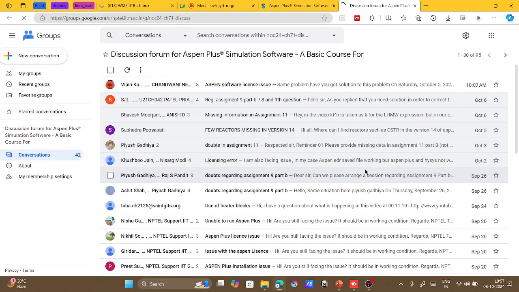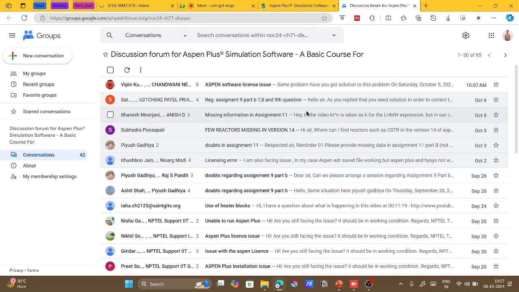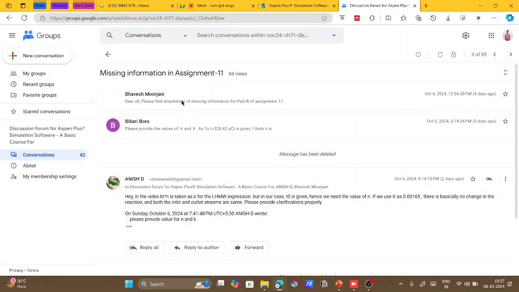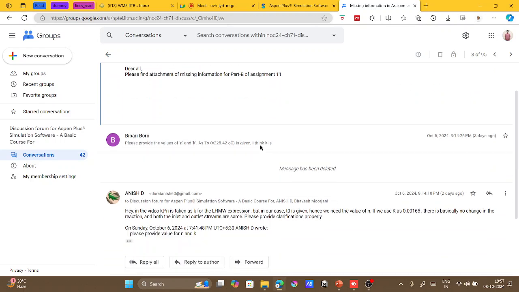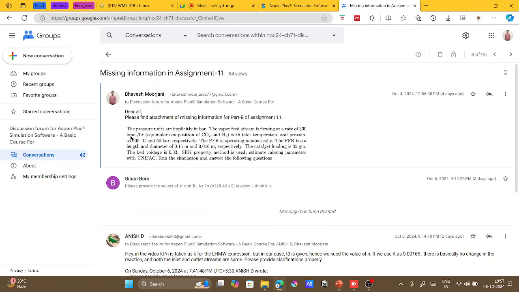This group is not for me to discuss much, but for you to discuss among yourselves, and if there are any updates I post here. I had updated this data, so it will load. Just a minute. Yeah, so these are the data for the reactor as well as the feed condition.